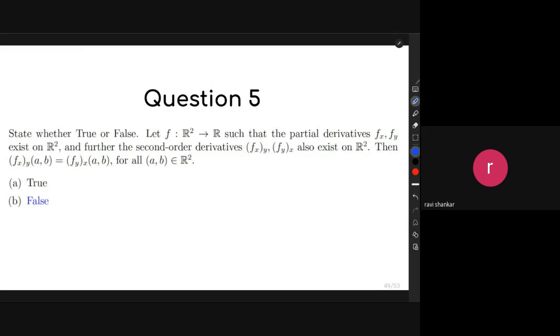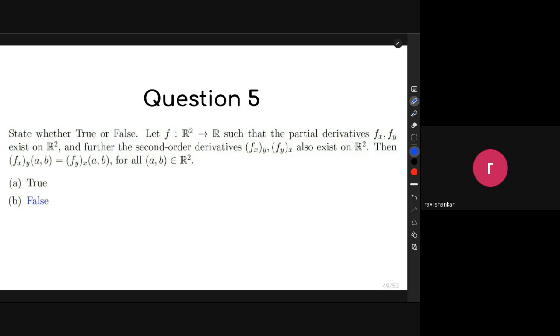Then you need to prove that the partial derivative of fx with respect to y is equal to the partial derivative of fy with respect to x. Okay, so first let us recall what is a partial derivative.